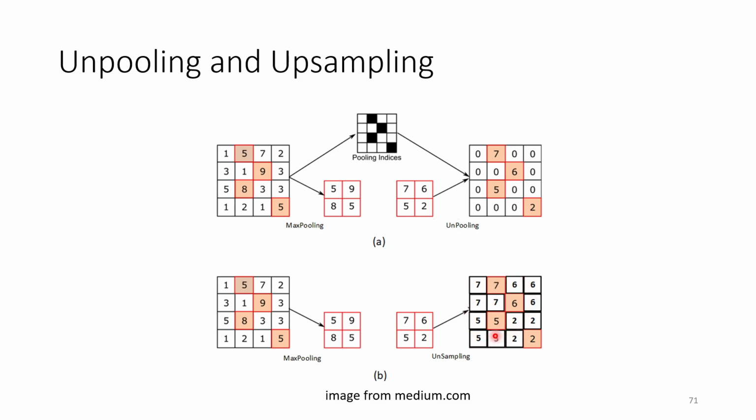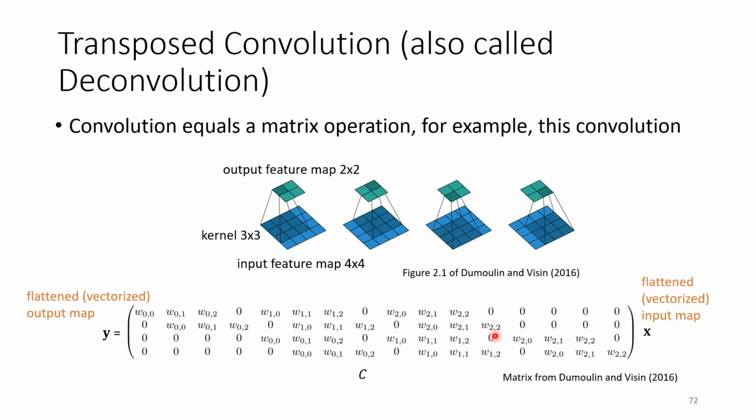Why do we mention it? Because there is a method called transpose convolution, and it is also called deconvolution.